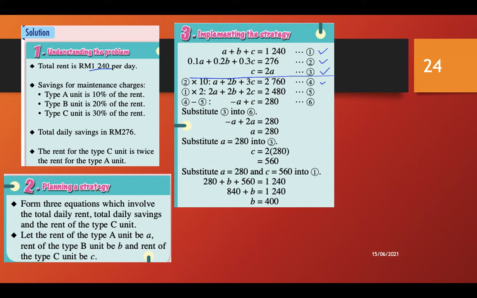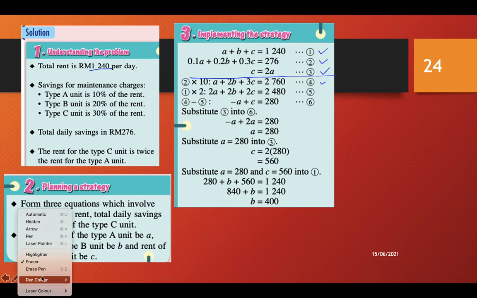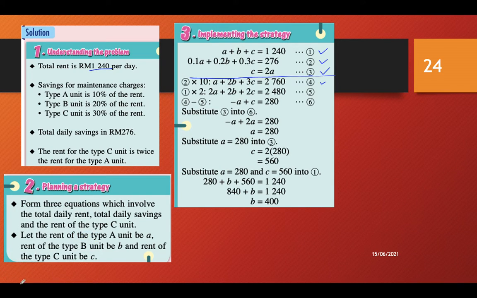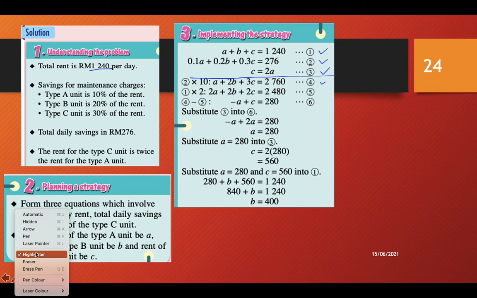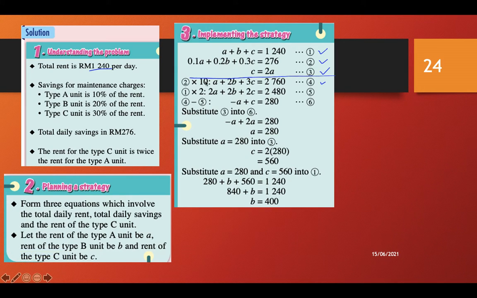Okay, next. Apa dia buat lagi? Dia buat equation nombor 4 tolak 5. Equation 4 dengan equation 5 tolak.